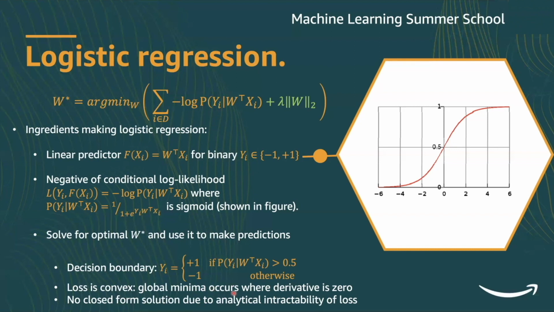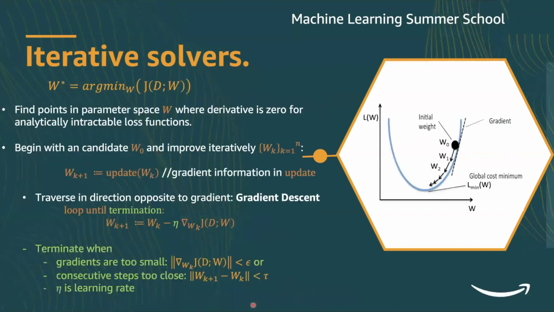We can compute the derivative, but setting it to 0, the equation is analytically intractable. That's not something we can do like in the linear regression case. So how can we solve for the optimal parameters or the optimal model when it is not analytically tractable?